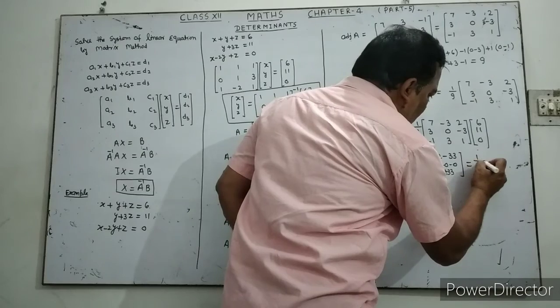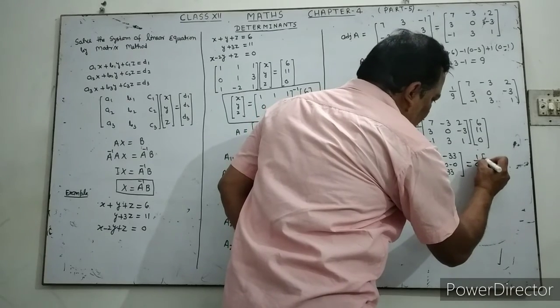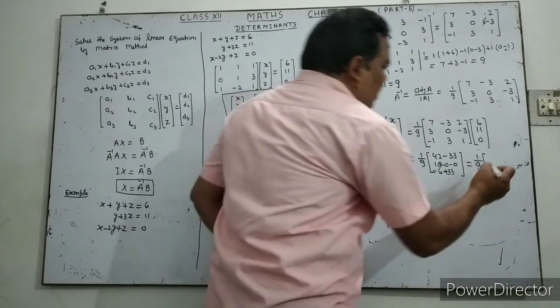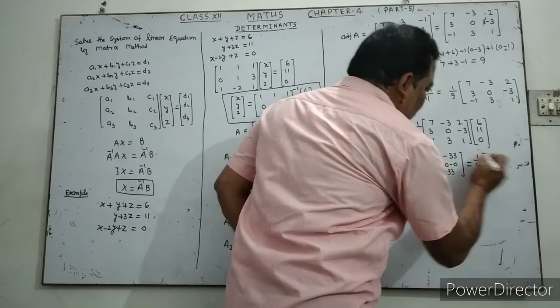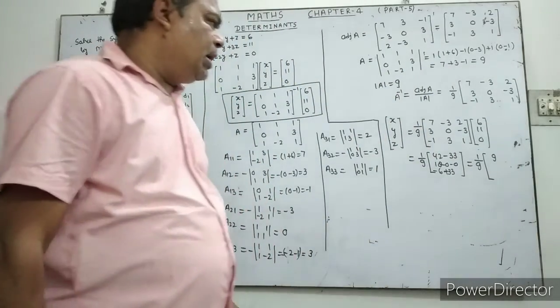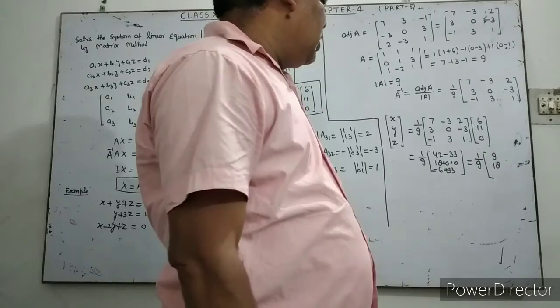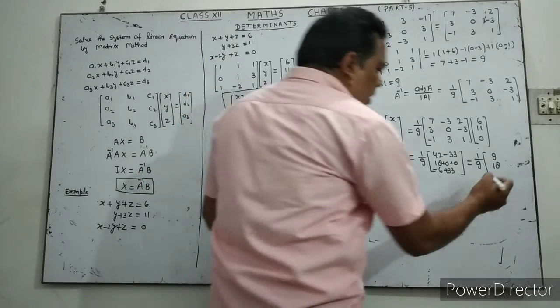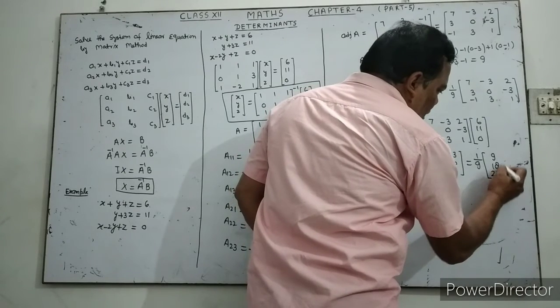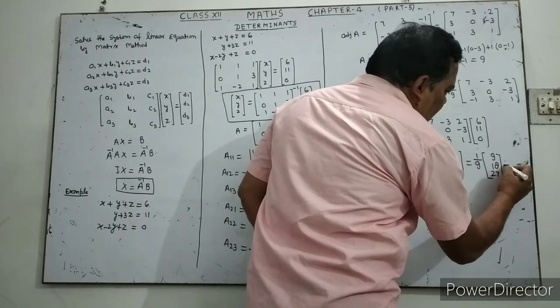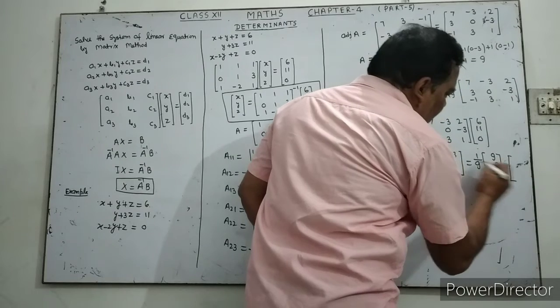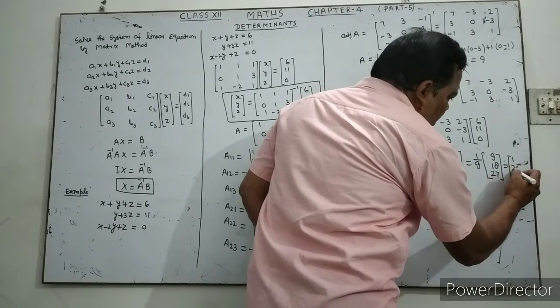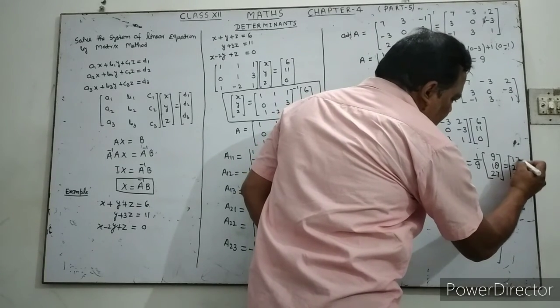Then this is 1 upon 9. 42 minus 33 is 9, then 18, then 27. Now divide by 9. When divided by 9, this is 1, this is 2, this is 3.